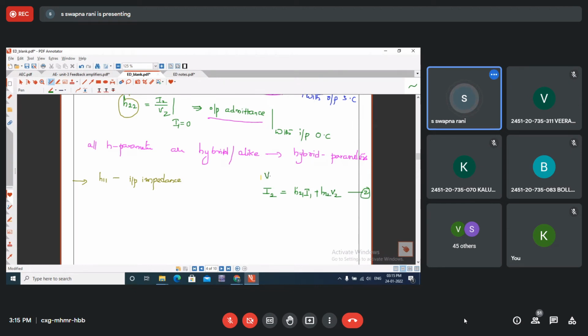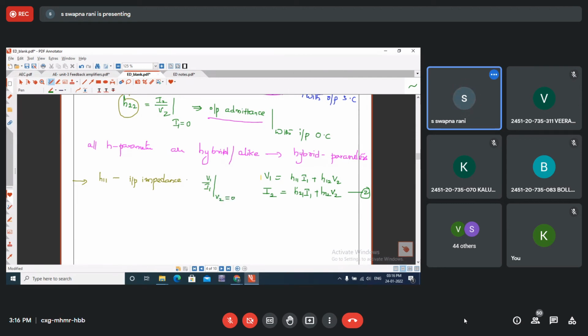Next, V1 equals H11 I1 plus H12 V2. Now, we have just seen that H11 is V1 by I1 with V2 equal to 0.